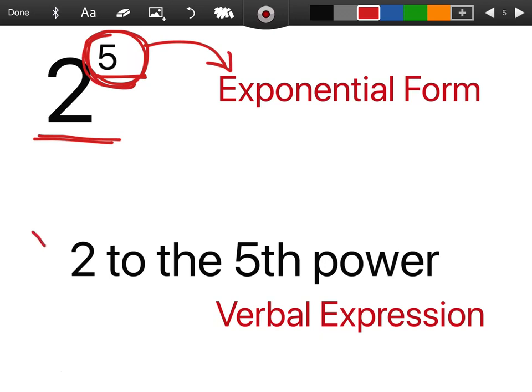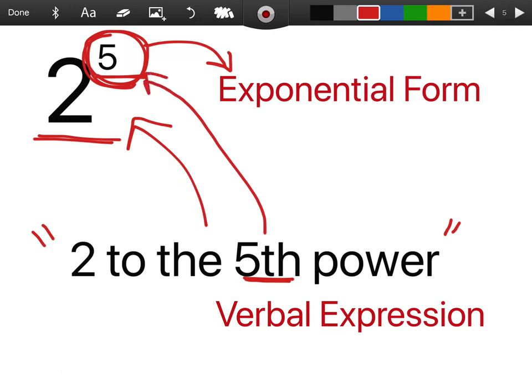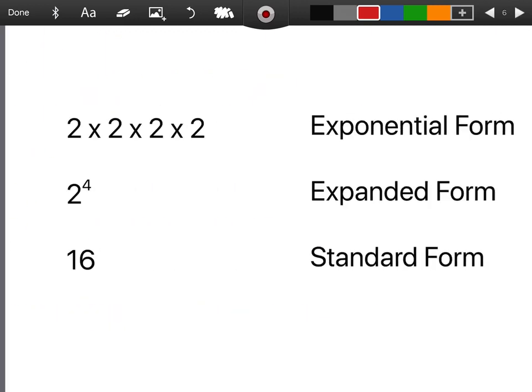Now, if I were to write out the phrase, what this means, it is 2 to the 5th power. And I say 5th power because that's where that 5 comes from right there. This is a verbal expression. It's literally just how you would read it if you were reading the number in words out loud.